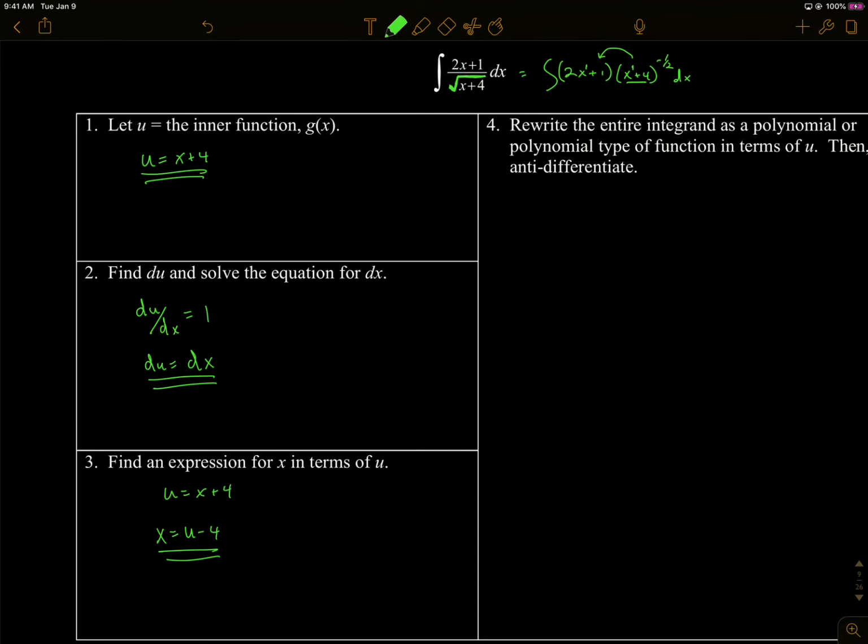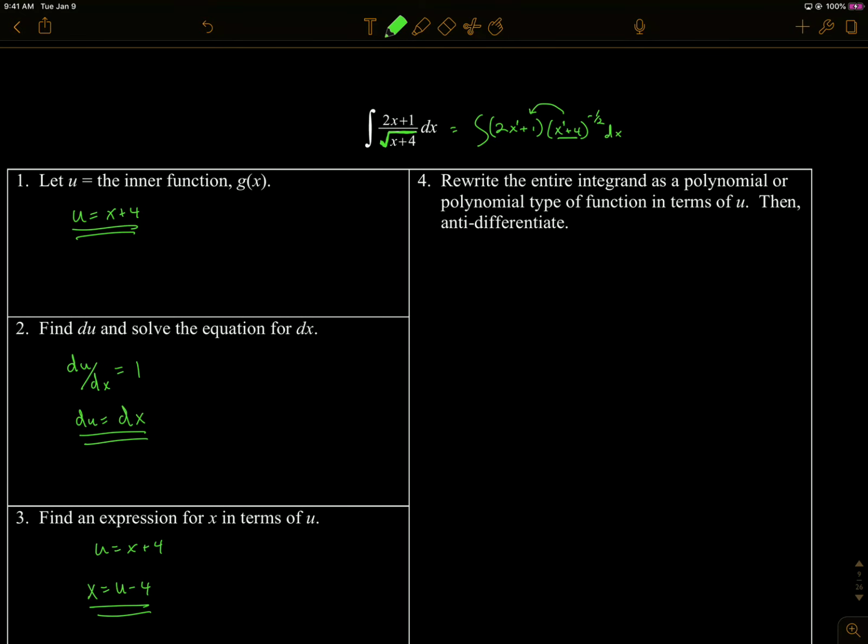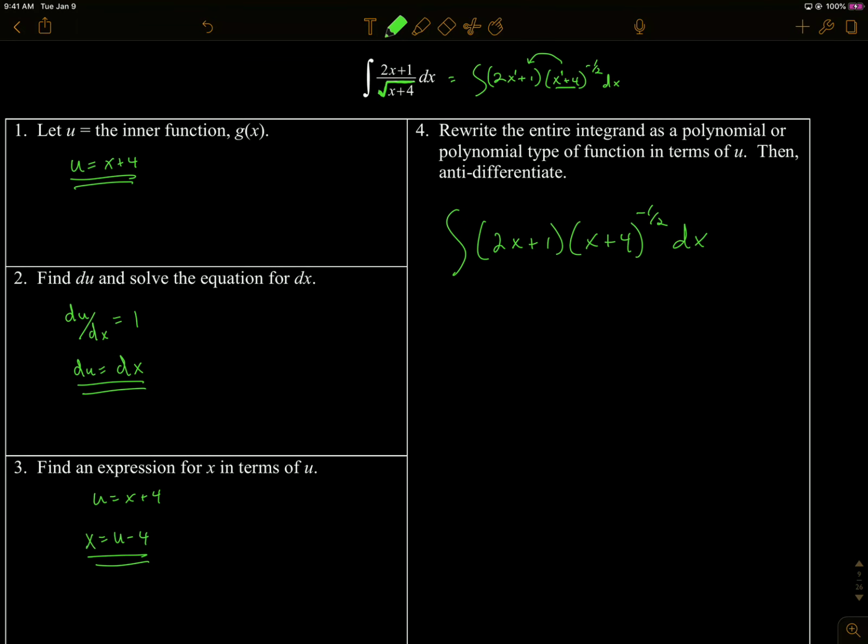These three underlined equations I'm going to use to rewrite my integral. I'm going to recopy it real quick: 2x plus 1 times x plus 4 to the negative 1/2 dx.